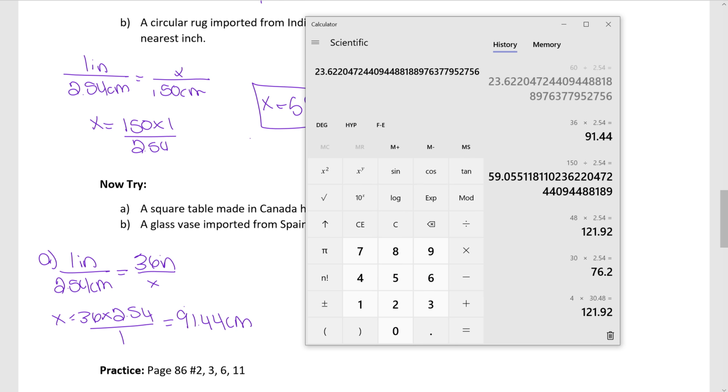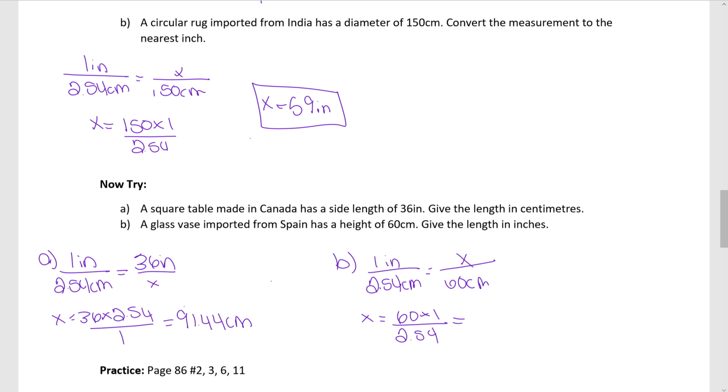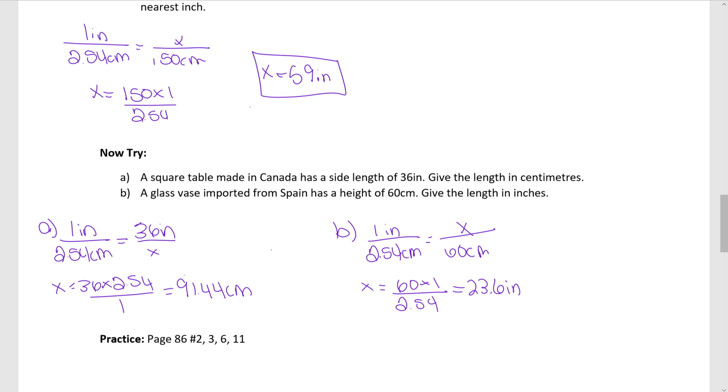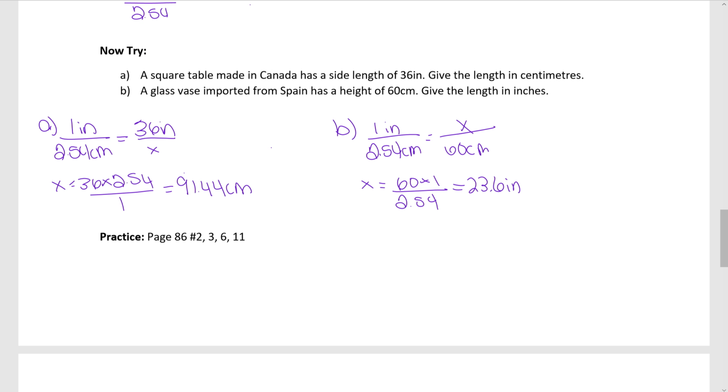And we get 23.6. We can round that, 23.6 inches. So 60 centimeters is 23.6 inches. So if you feel like you need a little bit more practice with that conversion, you can check out page 86, numbers 2, 3, 6, and 11.